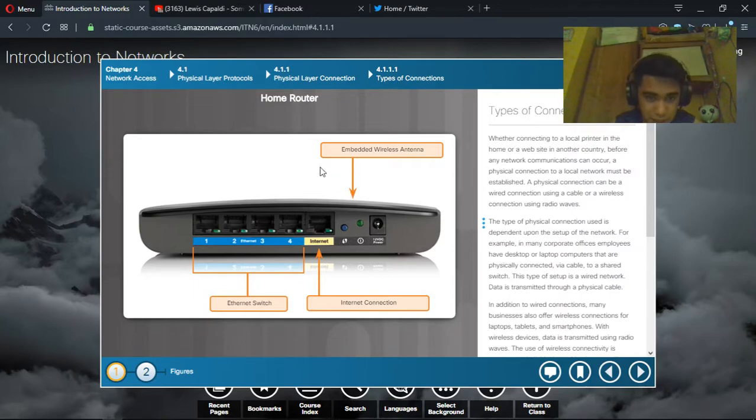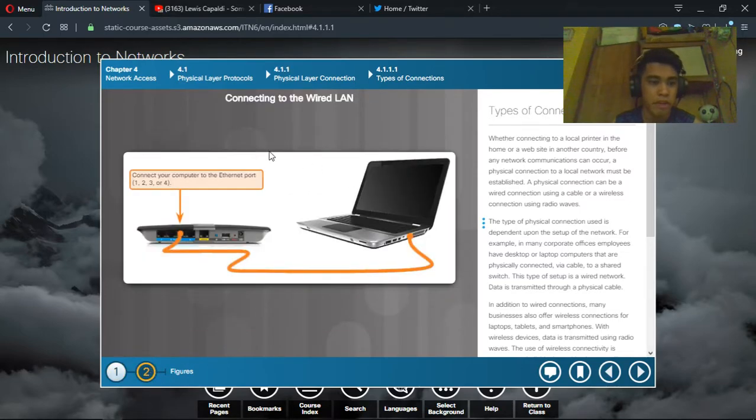So as we can see here, this is an embed. This is a router. This is an internet connection, and this is the Ethernet switch. And somehow you can put a wireless antenna, and you can connect your computer to either one, two, three, or four Ethernet ports.